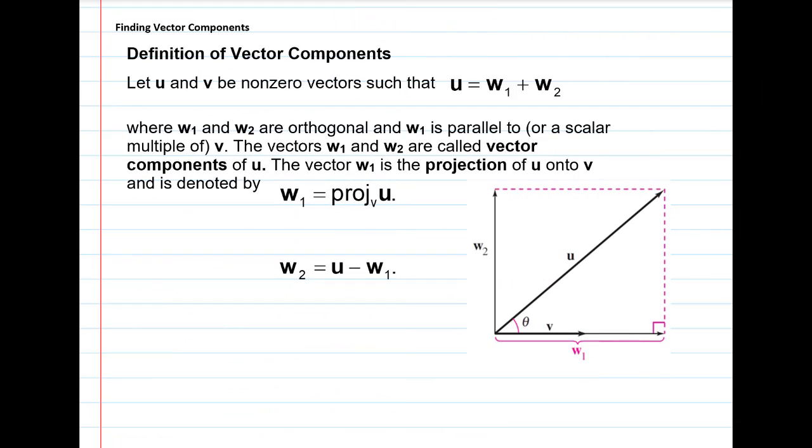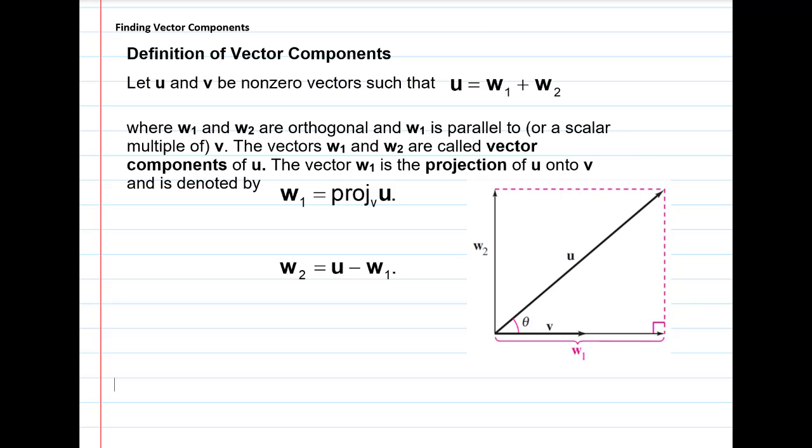Okay, here we have a definition for vector components. Given two non-zero vectors u and v, such that u is a sum of two other vectors, w1 and w2, where w1 and w2 are orthogonal, and w1 is parallel, or in other words, a scalar multiple of this other vector v, the vectors w1 and w2 are called the vector components of u.